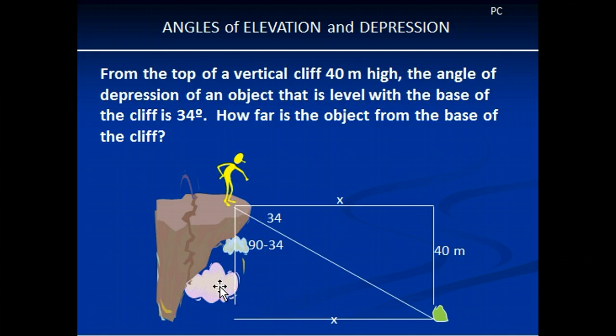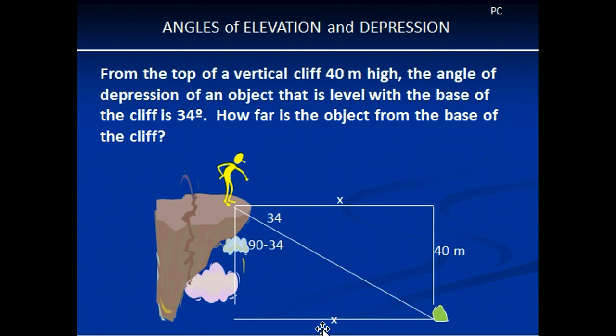Here our angle of depression is 34 degrees, because this is our horizontal. Do not get lost trying to find your horizontal. Then the other angle is going to be 90 minus 34 degrees.